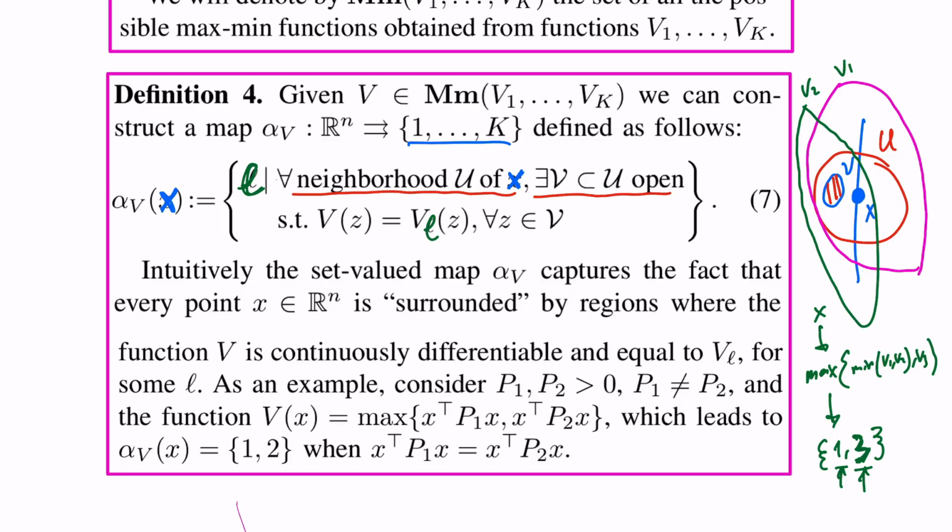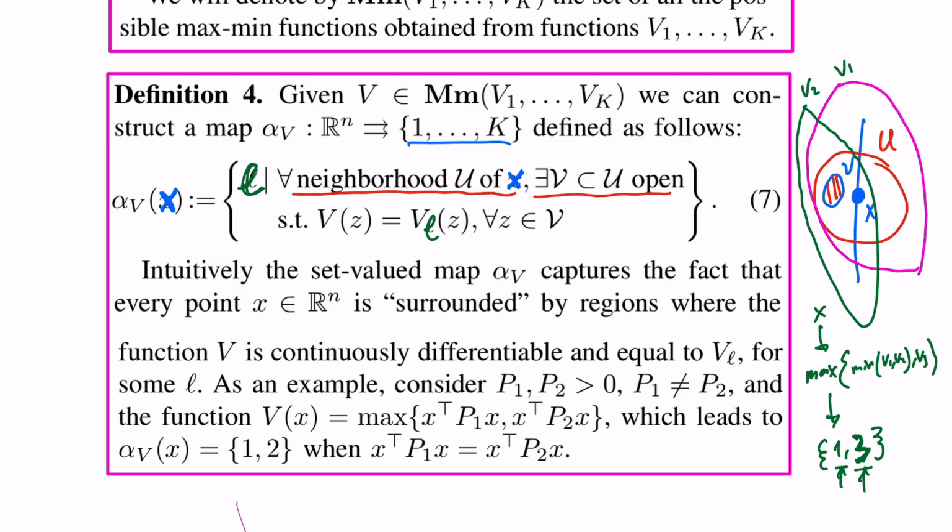What does that mean? We are not on the boundary or something, and V_L is active, so in that region V_L can be differentiable. I hope you can see that. And V is continuously differentiable and equal to V sub L for some L. As an example, consider this type of function.